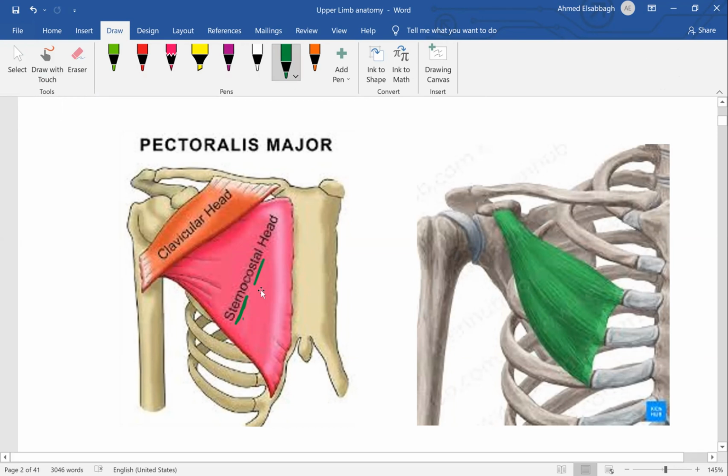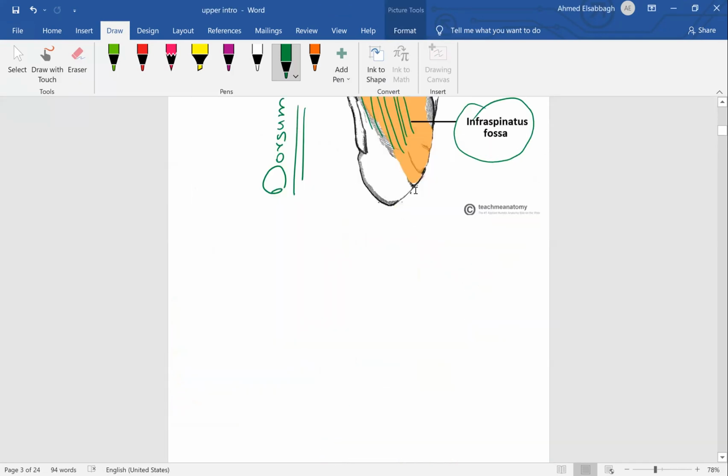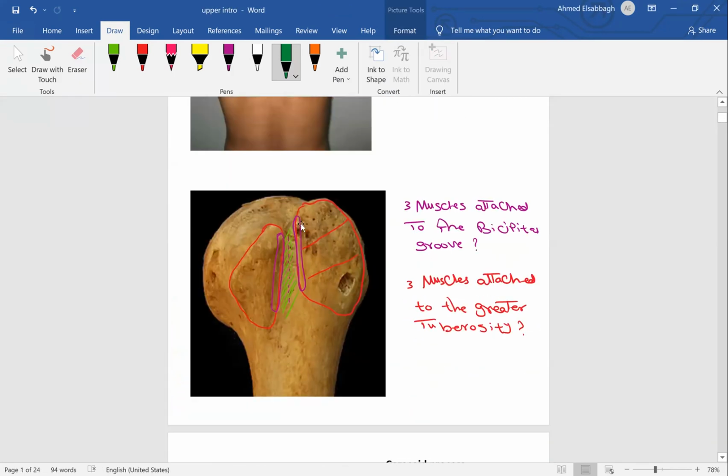What is the insertion? It is inserted into the bicipital groove. I told you before that the bicipital groove has three muscles attached to it: one to the lateral lip, one to the groove, and the third into the medial lip. Pectoralis major is inserted into the lateral lip of the bicipital groove.